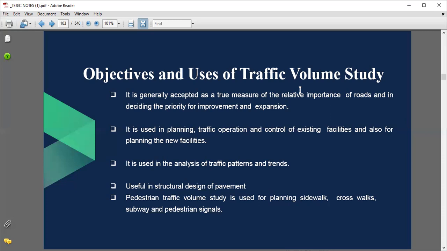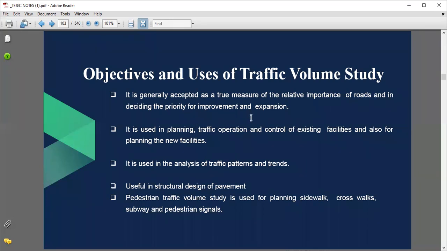It is a very important part of road expansion and improvement, and for that we have to know the number of vehicles passing on that road, so that count we should know.